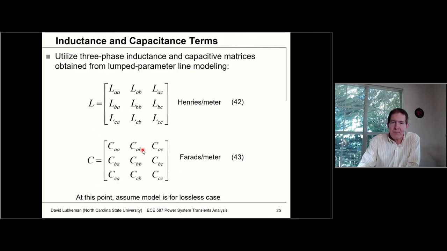And so when we do the modeling, everything has to be done in terms of three-phase. This inductance and capacitance would not be a single term, it would actually be a matrix. For a three-phase system, we could boil this down, if we reduce out the neutral wire, to a 3x3 inductance and 3x3 capacitance matrix. Again, we're just talking about the lossless case, so inductance would be in henries per meter and capacitance in farads per meter.